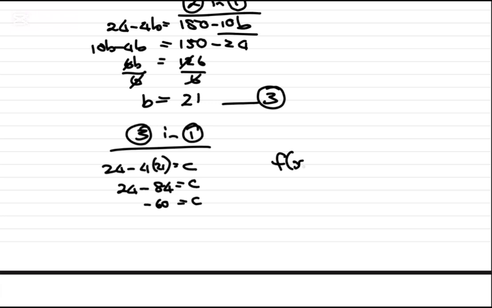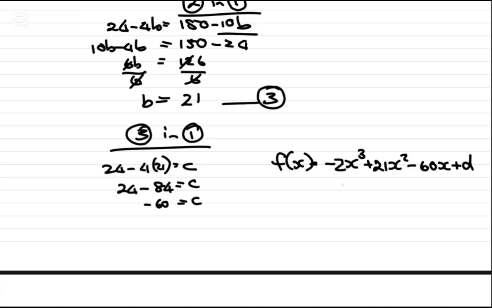We've got f of x equals minus 2x cubed plus 21x squared, plus c, do we have it? So it's negative 60x plus d, we still don't have. Okay, now we've got an unknown.